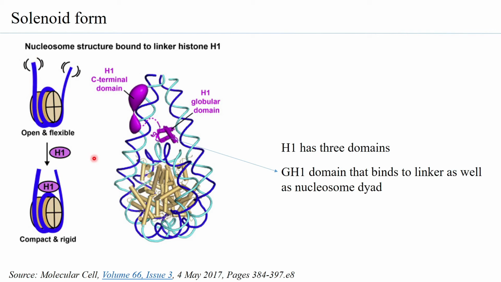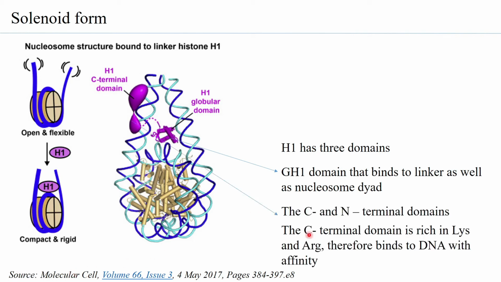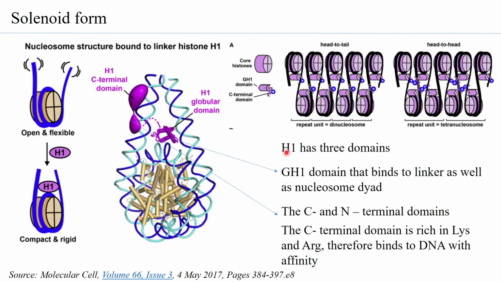So obviously the understanding is that the binding of the H1 is going to make the DNA more compact and rigid. The C and the N terminal, of course, are rich in lysine and arginine, and therefore they can bind easily to the linker DNA, and that too with high affinity. Therefore, it can form the compact and the rigid structure.